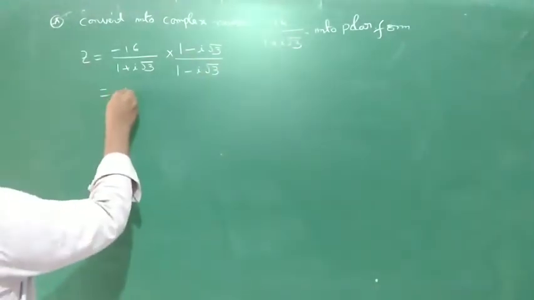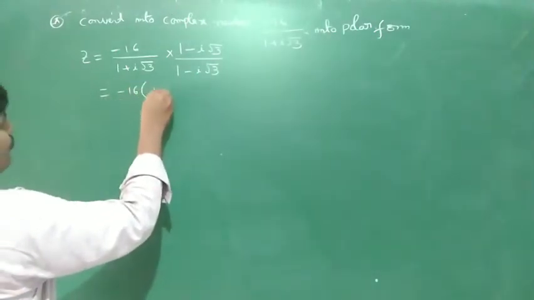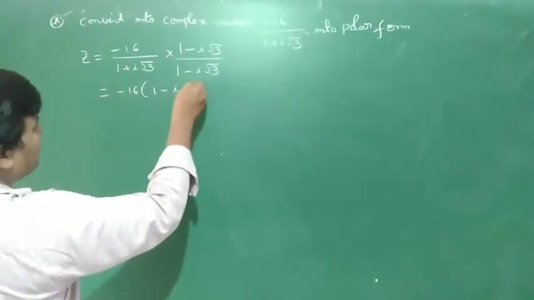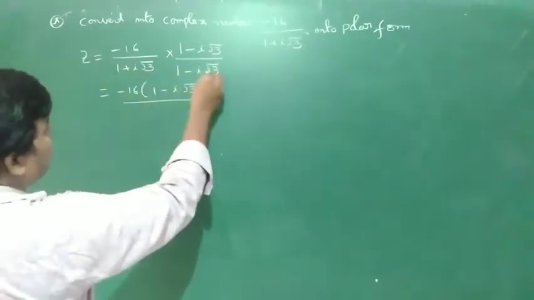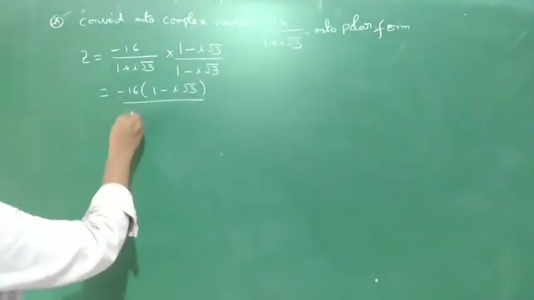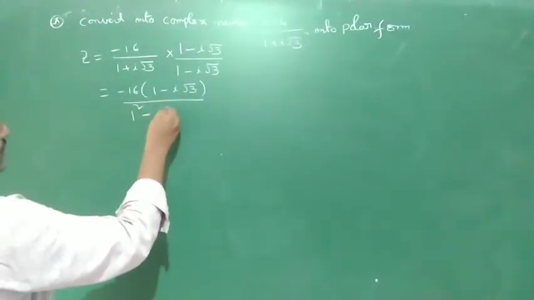So that is equal to minus 16 into 1 minus i root 3 by a plus b into a minus b, which is a square minus b square.